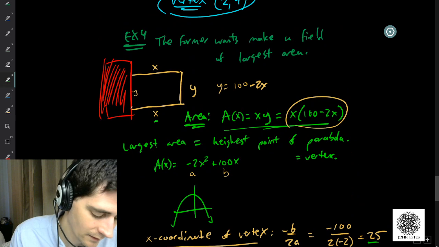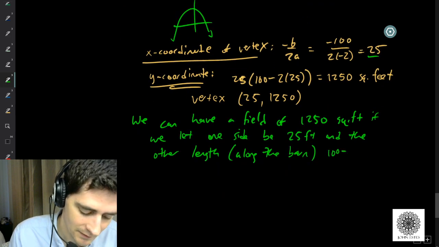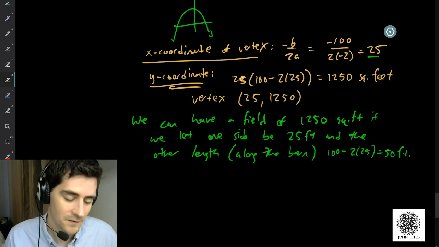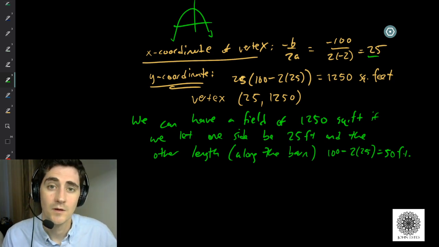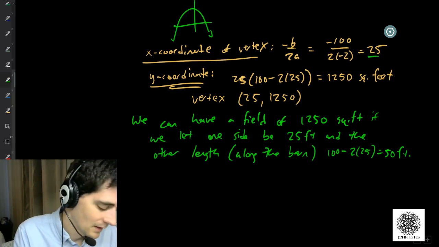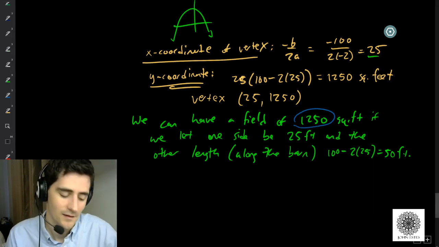And what was y? 100 minus 2x. That's going to be 100 minus 2 times 25, which is 50 feet. So if he makes a 25 by 50 feet field where the 50 feet runs parallel to the barn, that will be the maximum area he can have, and the maximum area he will have is 1,250 square feet.